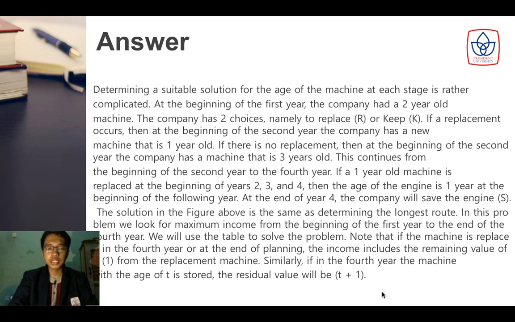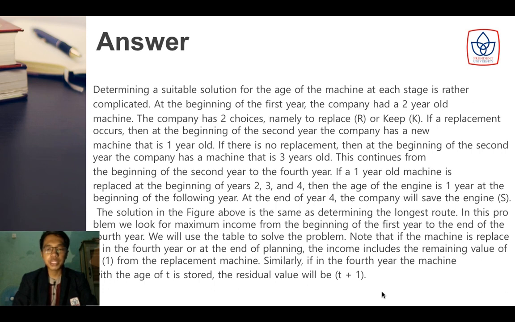The solution in the figure above is the same as determining the longest road. In this problem, we look for maximum income from the beginning of the first year to the end of the 4th year. We will use the table to solve the problem.